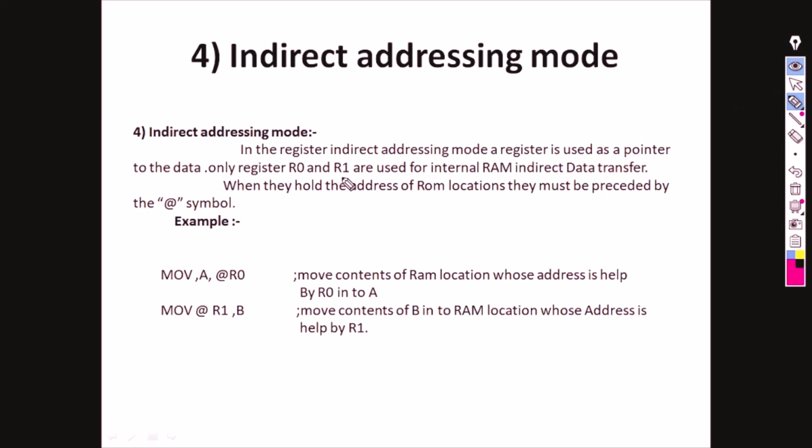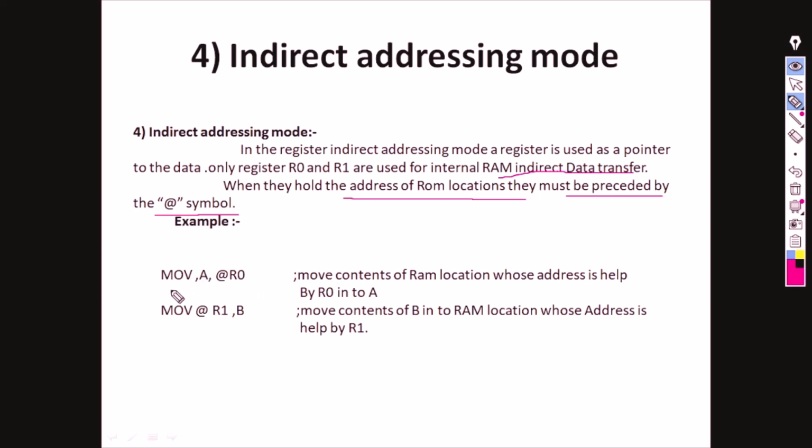Only registers R0 and R1 are used for internal RAM indirect addressing data transfer. When they hold the address of a ROM location, they must be preceded by the @ symbol.